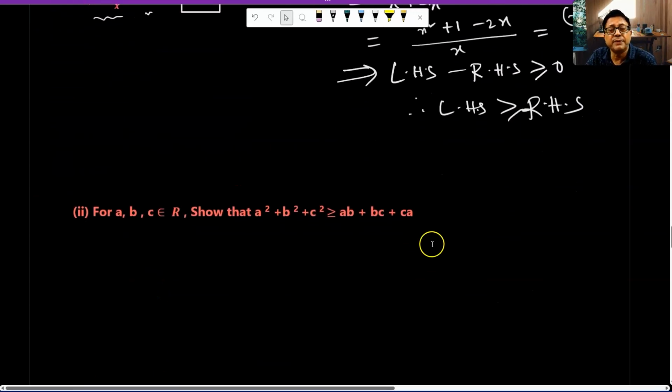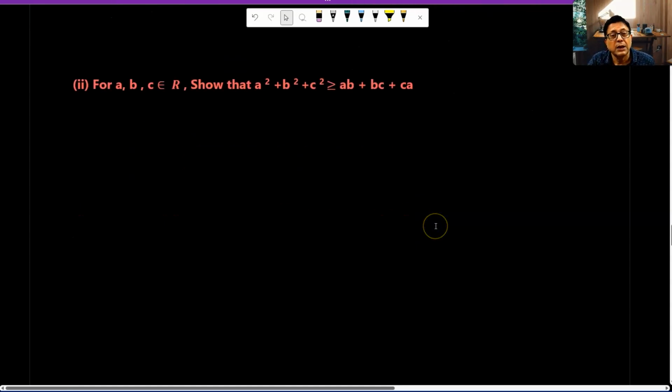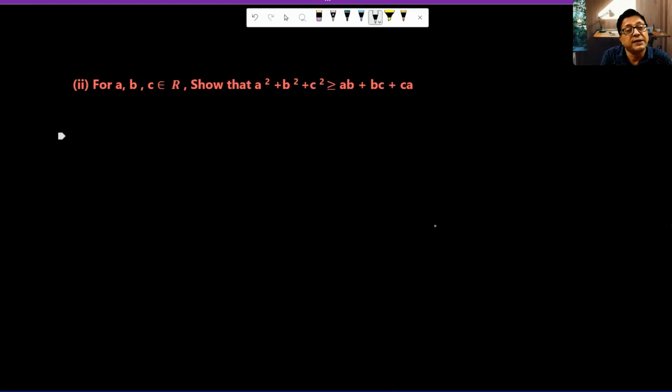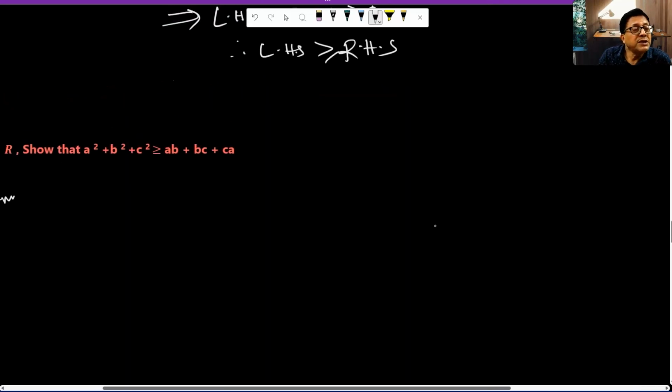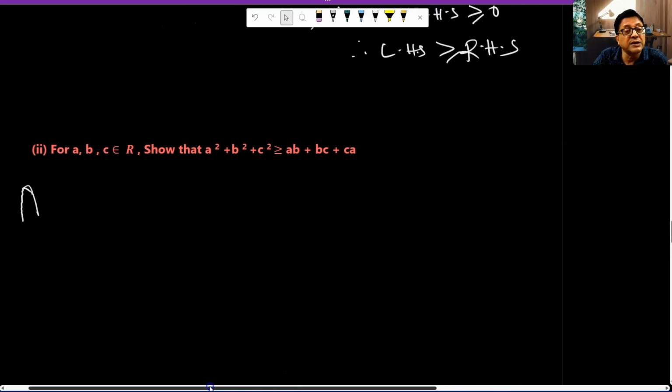For a, b, c belongs to R, prove that a square plus b square plus c square is greater than or equal to ab plus bc plus ca. This is also not a difficult one, and we'll be starting with the same difference, that is LHS minus RHS.